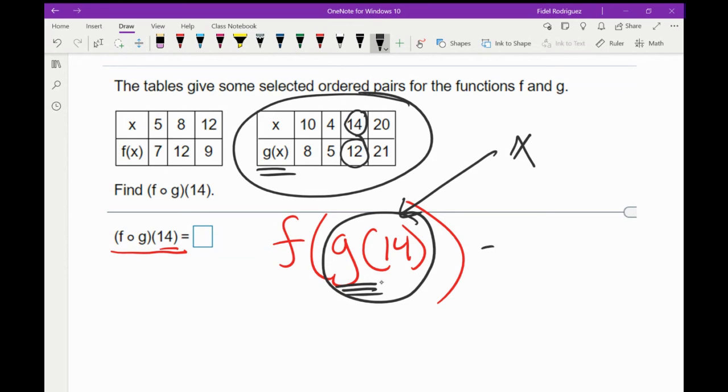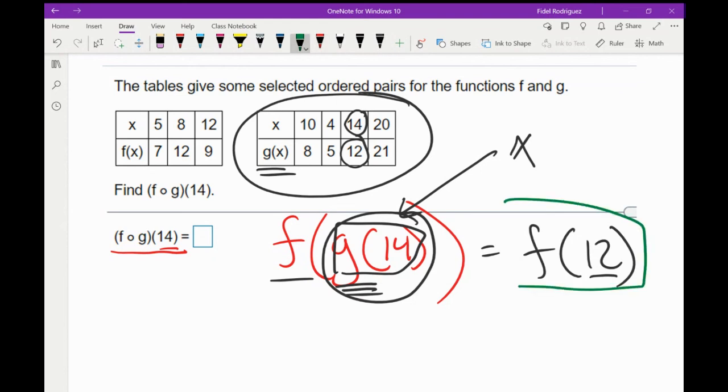When x is 14, what is the value of g? It's 12, right? So this is saying, let's find f of 12. The f, because the f was already there. All we did is say g of 14 is the same thing as the number 12. Now that I'm using the f function and trying to find f of 12, I'm going to use this table. This number in here stands for the x value.